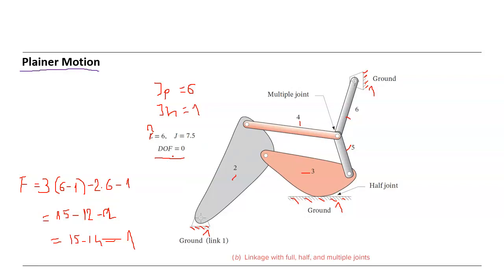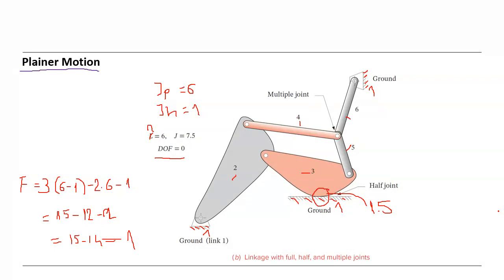He is taking 7.5. Actually, 7.5 is not usual. So this connection, this joint here, one point is calculated as 1 point. We have here the 6. Okay, 6, 1.5, 1.5.